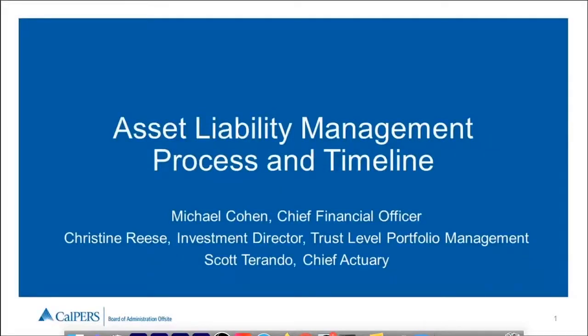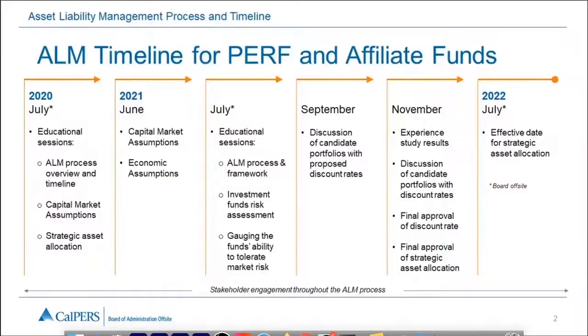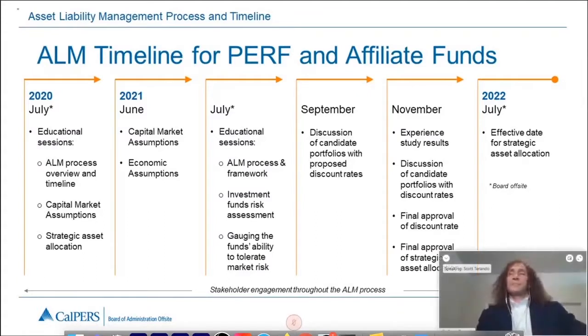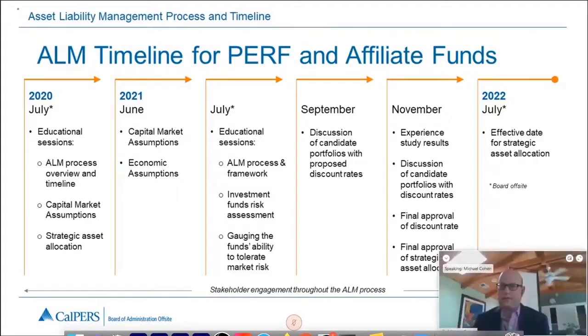If we go to the next slide, you'll get a sense of the timeline of what we're looking at. You'll see here that this is the beginning of the process, but calendar year 2021 is really the key year for the ALM process, as we like to call it.